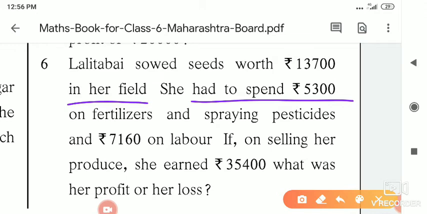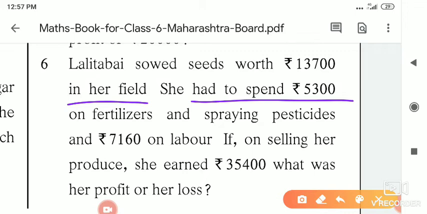Then 7,160 rupees are the labor charges, meaning the people who are working in the farm, for them she gave 7,160. If on selling her produce she earned 35,400 rupees, then what was the profit or loss, that we have to find.